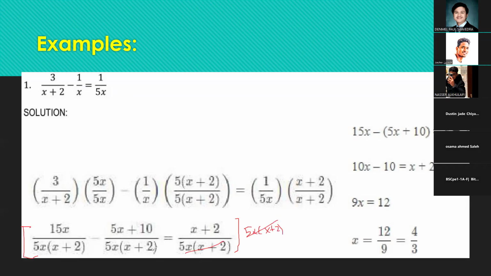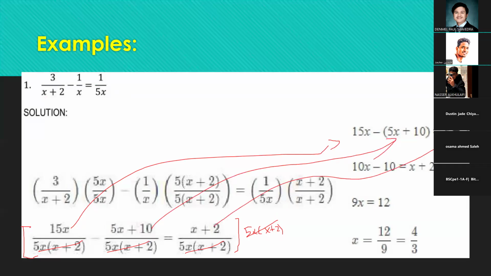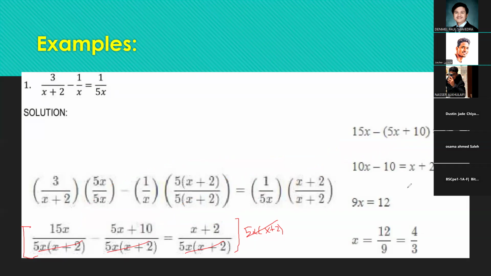So that would surely cancel out all of your denominators, retaining now the numerators. So once you already have that, you can now simplify this. So 15x minus 5x is 10x. So minus times plus 10 is negative 10 equals x plus 2.